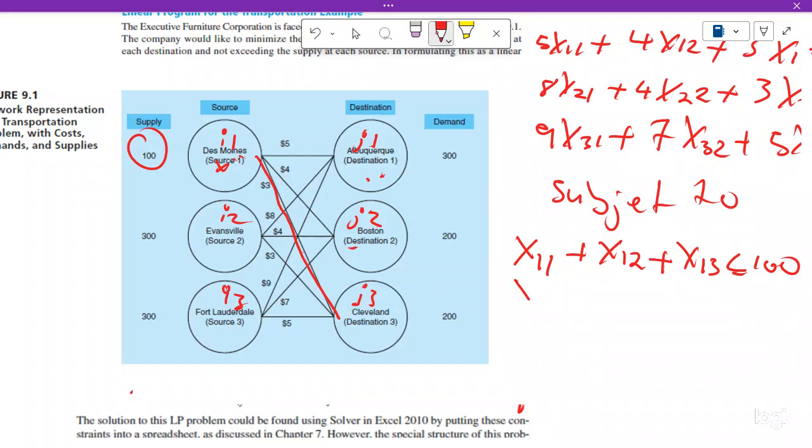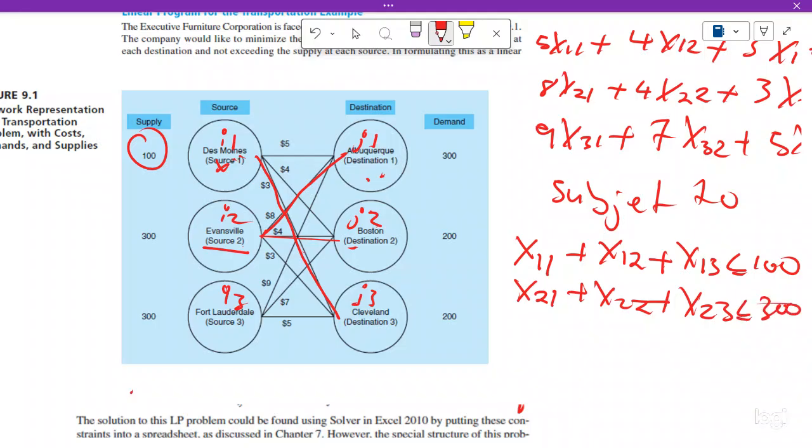Now we are moving to this guy, X2. He's going to 1. You see that? Then x2 1 plus x2 2 plus x2 3 less or equals to 300.